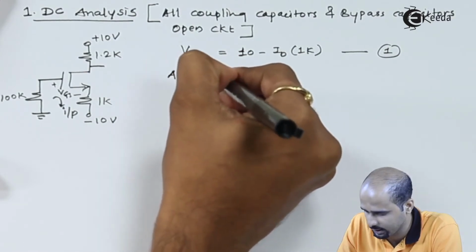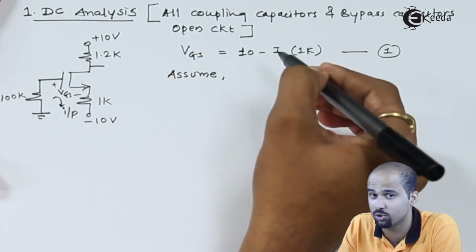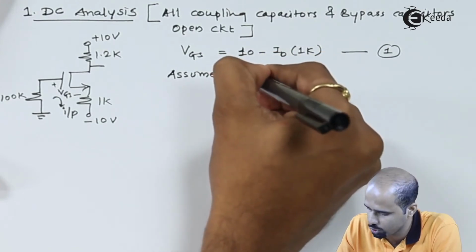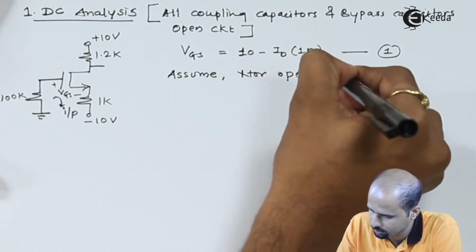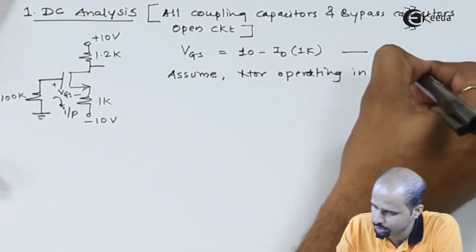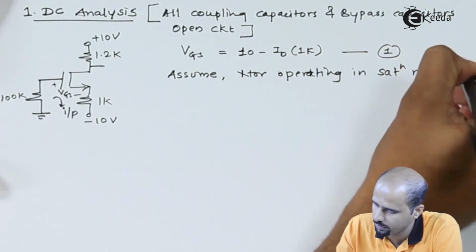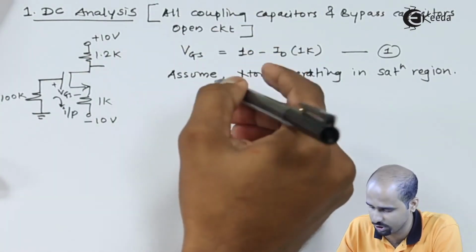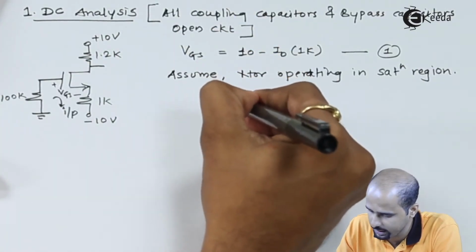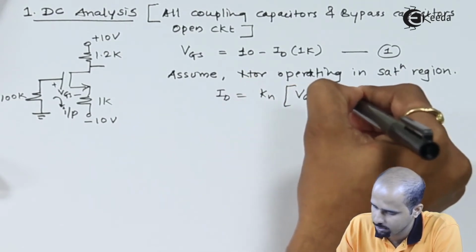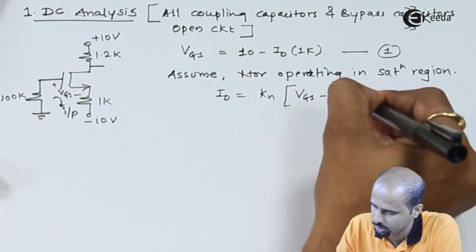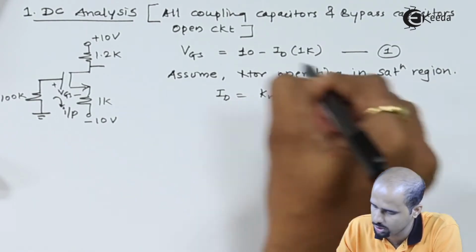So assume that we are applying for saturation current, right? Assume the transistor is operating in the saturation region. If the transistor is operating in the saturation region, we'll get to know that ID is equal to Kn into VGS minus VTH the whole square.